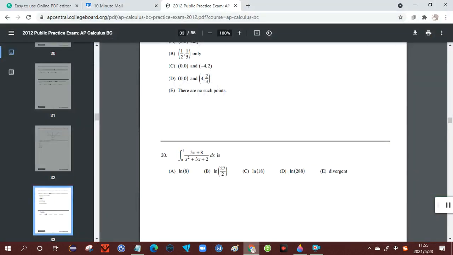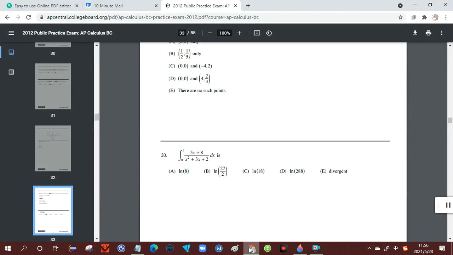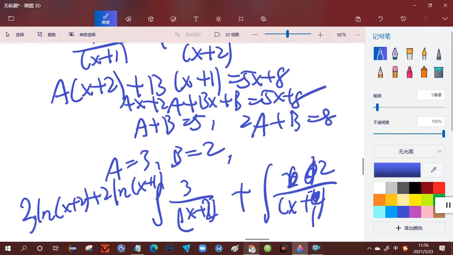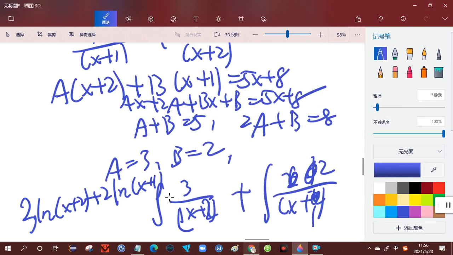And then we know that the answer is C. And then we know that the answer is going to be, you need to use the fundamental theorem of calculus.